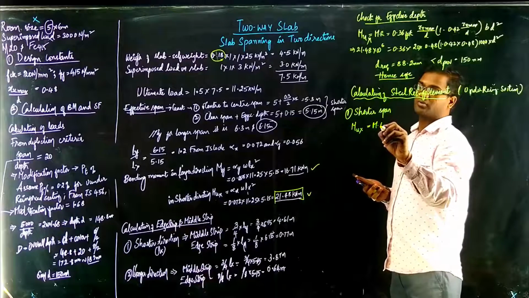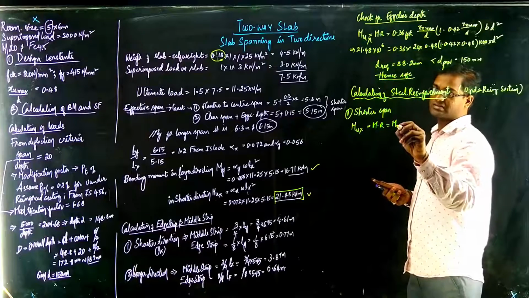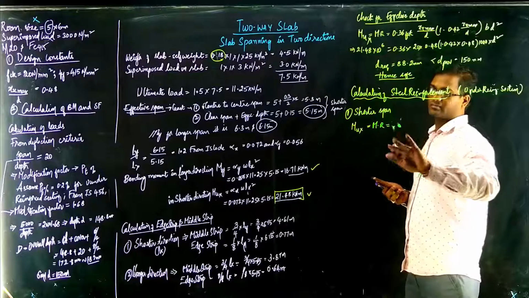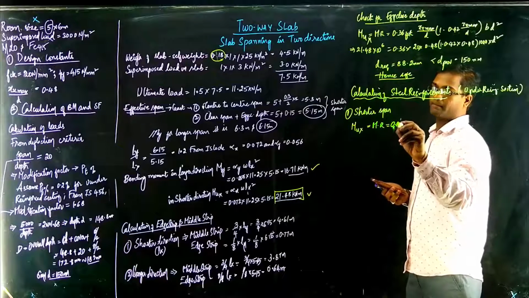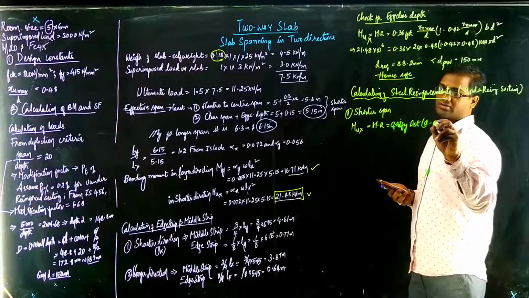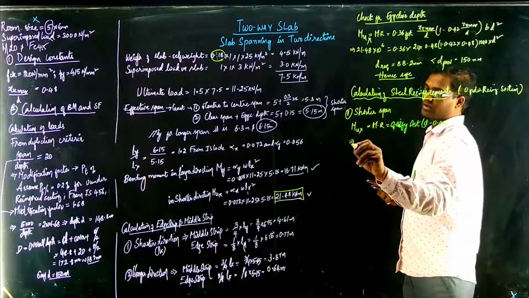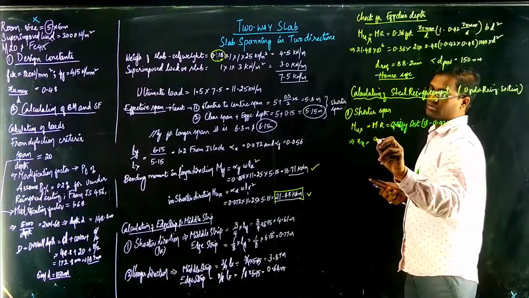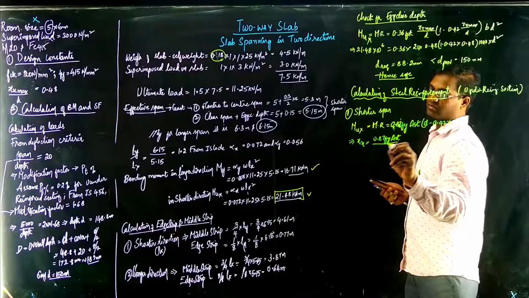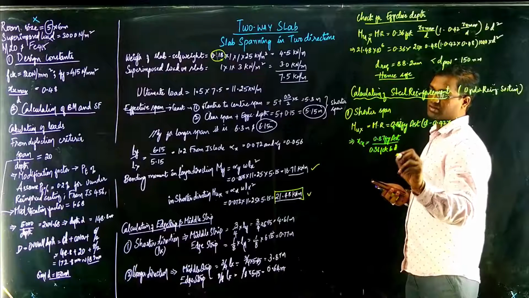And you have to equate the moment of resistance of under reinforced section, that is 0.87 fy Ast into d minus 0.42 xu. Again, xu we already know as 0.87 fy Ast divided by 0.36 fck b.